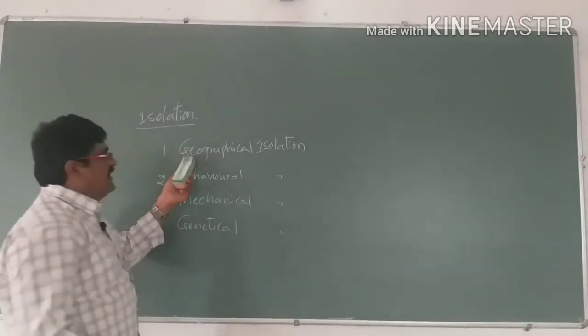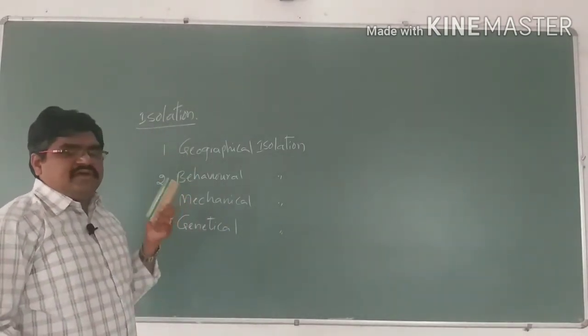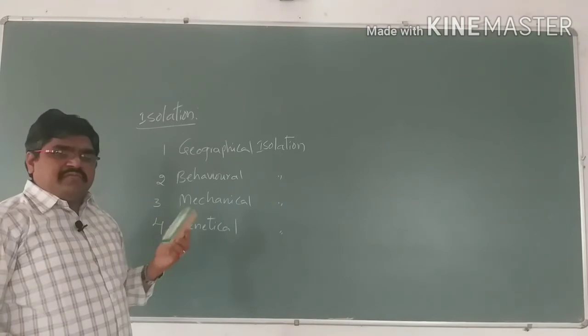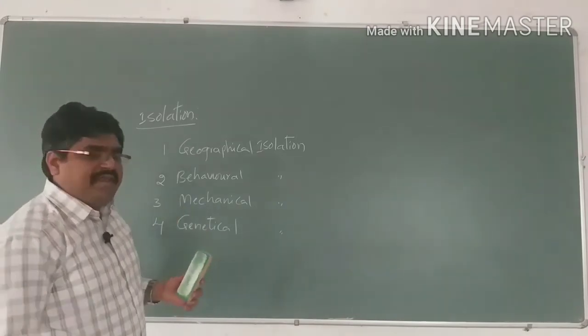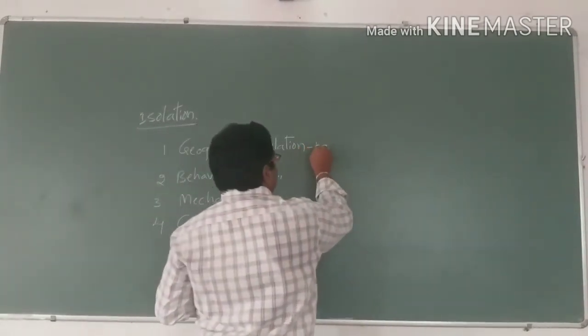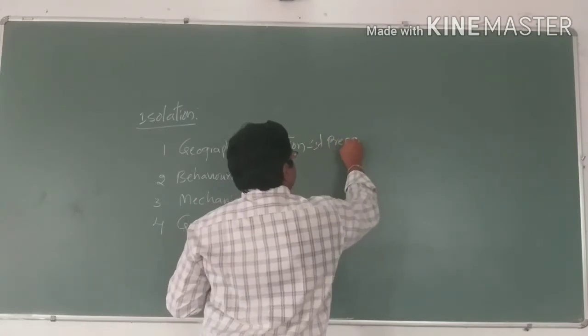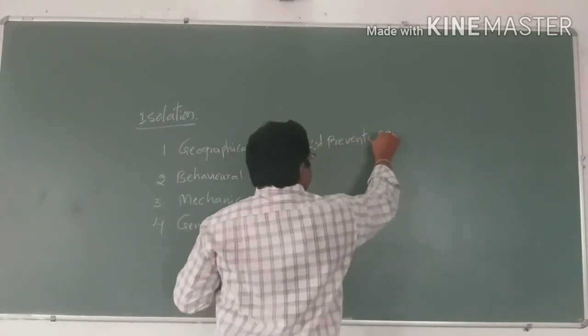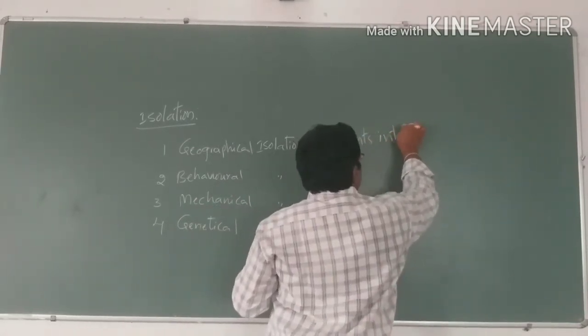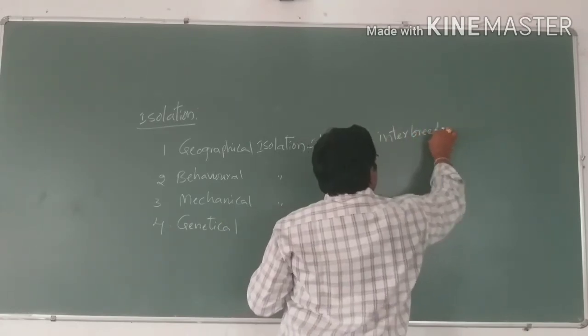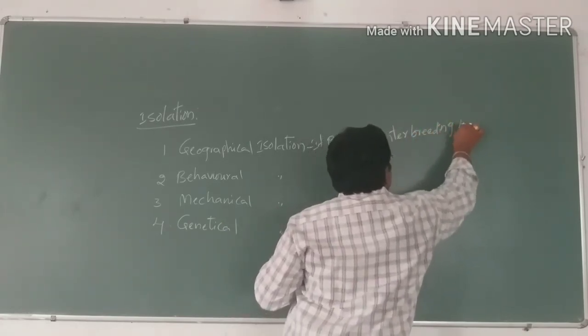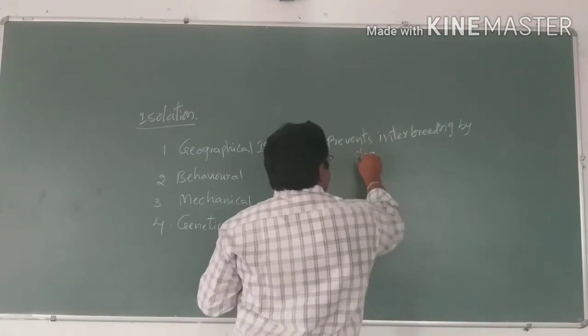So geographical isolation means it prevents interbreeding by physical barriers.